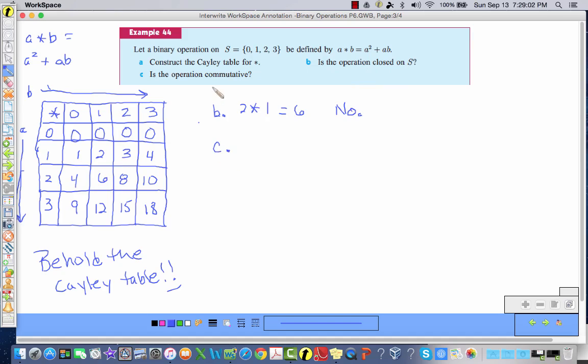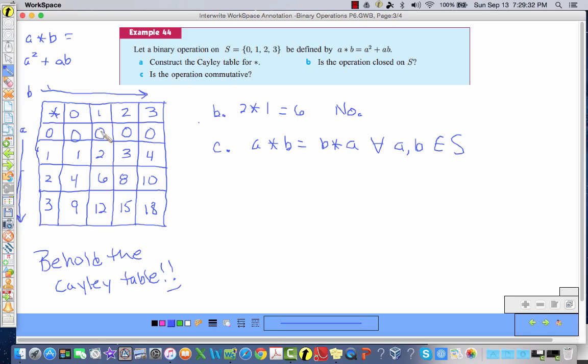Now, is the operation commutative? Remember, what are they asking? Does A star B equal B star A for all A and B which are elements of S? Let's take a look. 1 star 0 is 1, and 0 star 1 is 0.